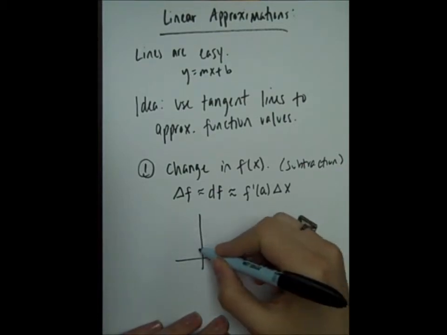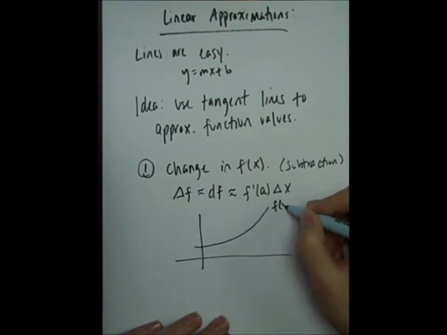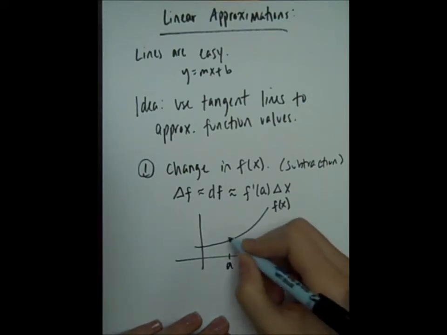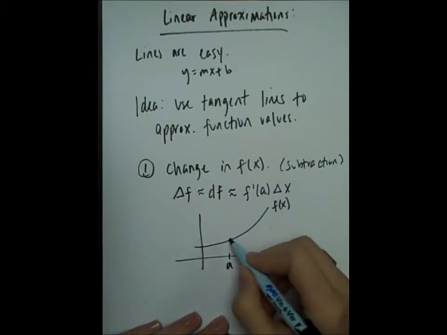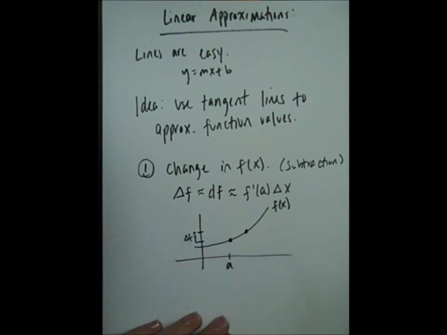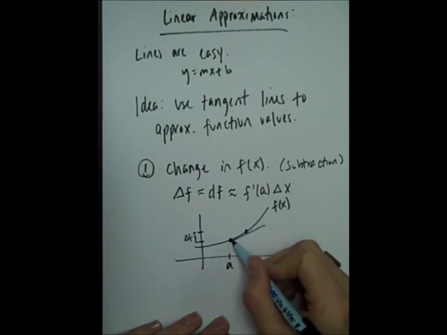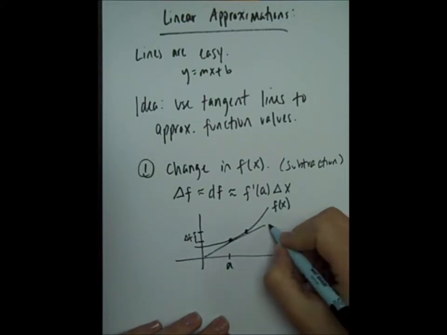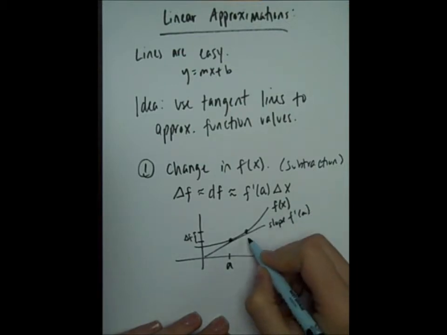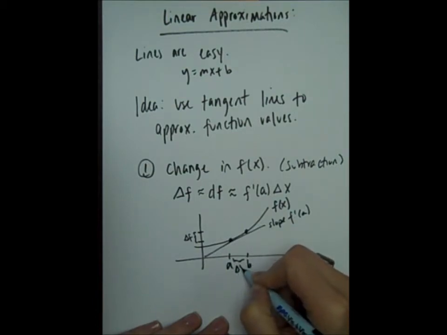Now where is this coming from? Let's say here's my function, and here's a value a. If I want to know the approximate change in f, that's talking about this value, the change in y values. To find that change, I can look at the tangent line. The tangent line here has slope f prime of a. Here's my other value b, so the change in x is delta x.